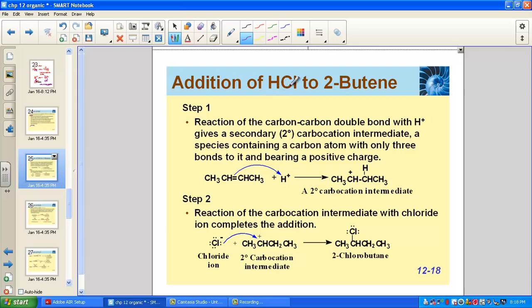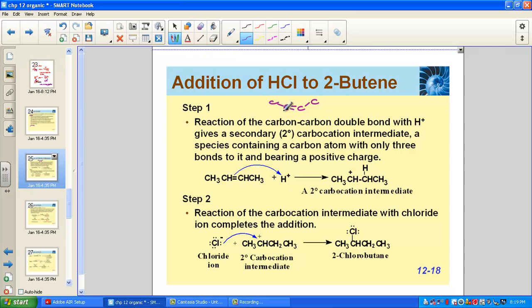When we add HCl to a molecule of 2-butene, think about that. 2-butene places the double bond in a 4-carbon chain, and we're going to add HCl. Now this is a particular example where the number of hydrogens is equivalent.